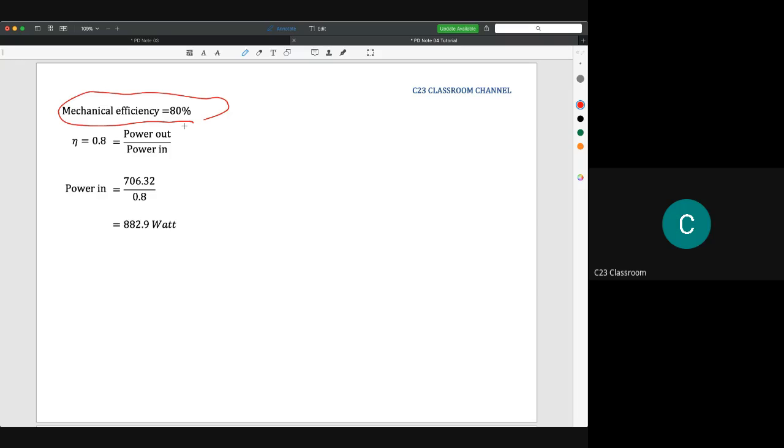The mechanical efficiency represents how well your mechanical parts transfer energy from the crank to the piston and until the water reaches the output tank. The eta here, the mechanical efficiency, is equal to 80%, so equal to 0.8.